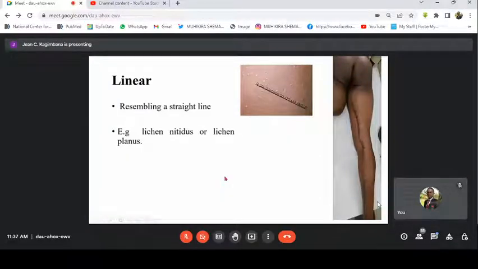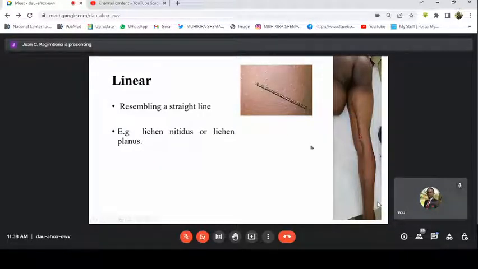It may be linear. This is a patient I saw last week, with the lesion coming from here up to the right buttock. This is a characteristic of lichen nitidus. And again, this one is hyperkeratotic.